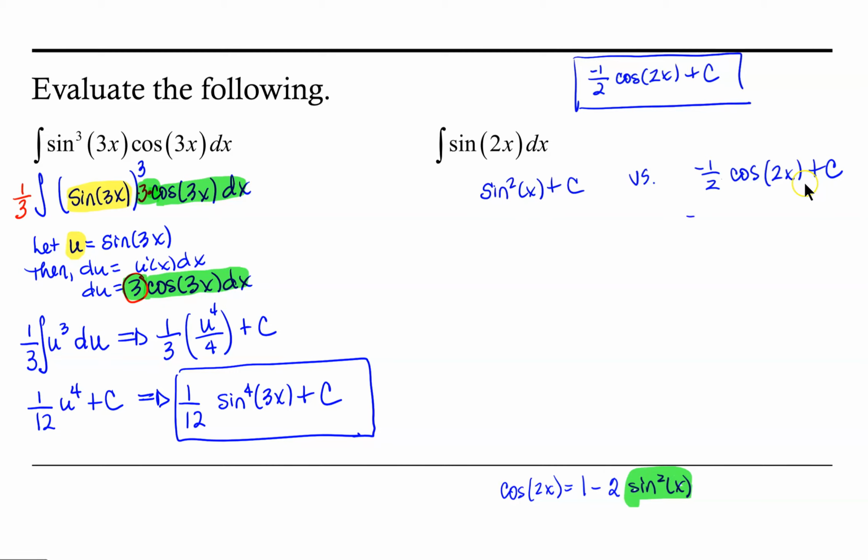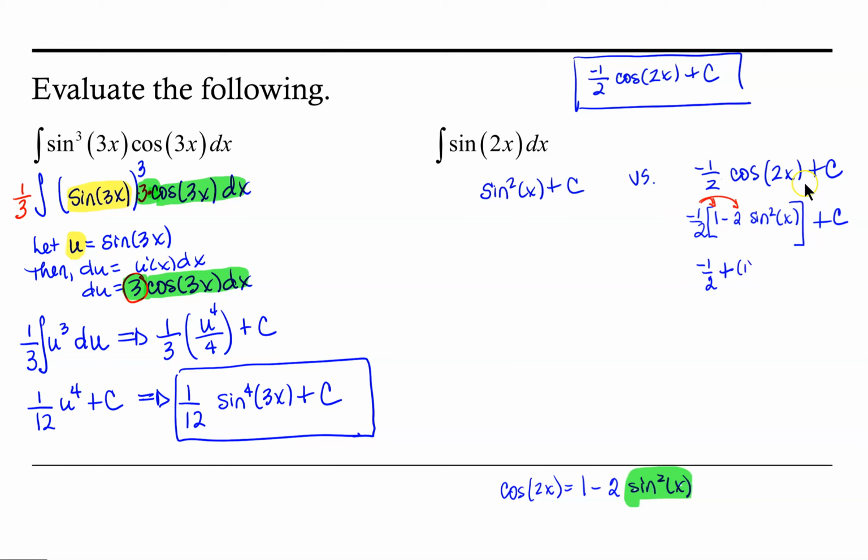So we would have negative 1/2 times 1 minus 2 sine squared of x plus c. We can distribute our negative 1/2. Negative 1/2 times 1 is negative 1/2. Negative 1/2 times 2 is 1.